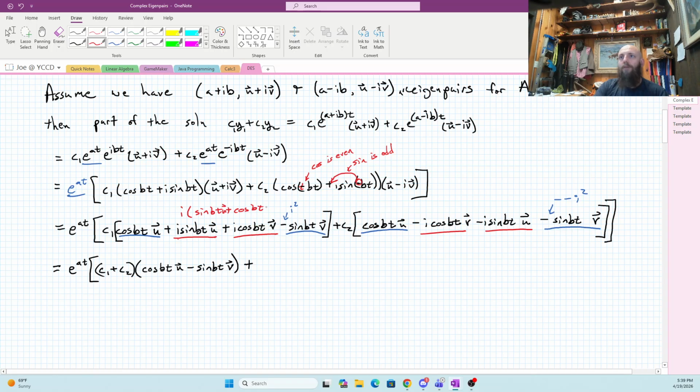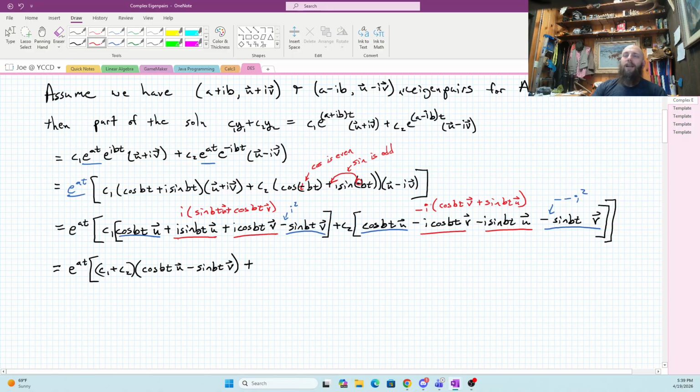Whoops, I got a u there, I got a v there. Over here, I got a minus i times cosine bt v plus sine bt u. And you might notice those are written in different orders, but those are the same thing here.